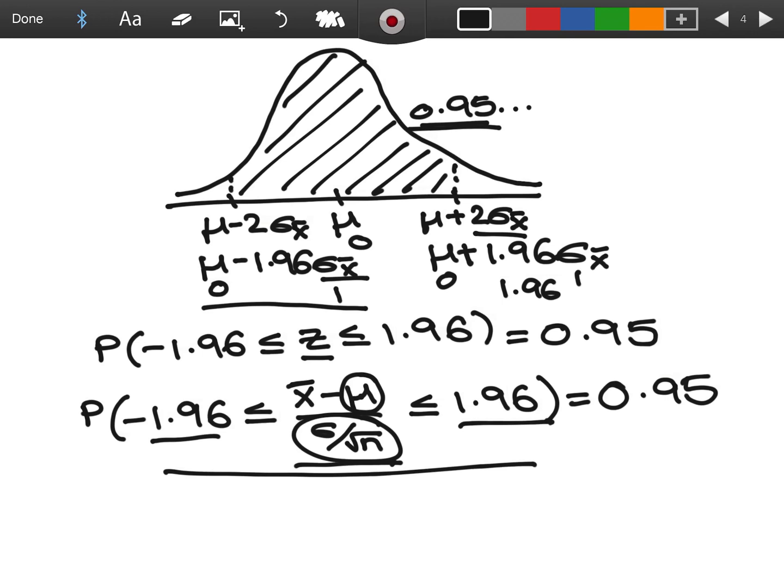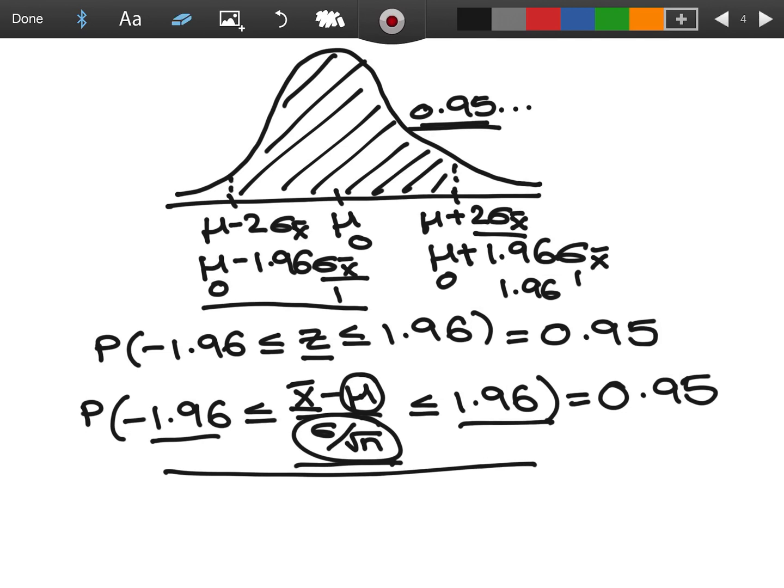So now I'm going to rearrange this formula. Effectively, I'm going to multiply through by sigma over the square root of n. And then I'm going to subtract my sample mean all the way through.